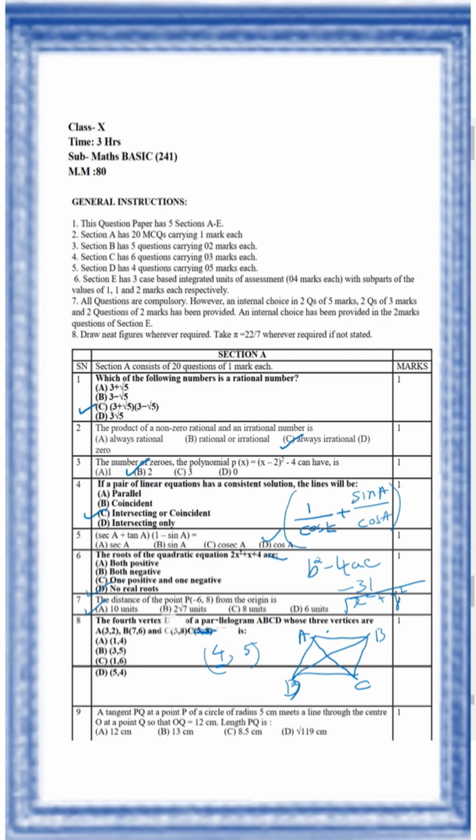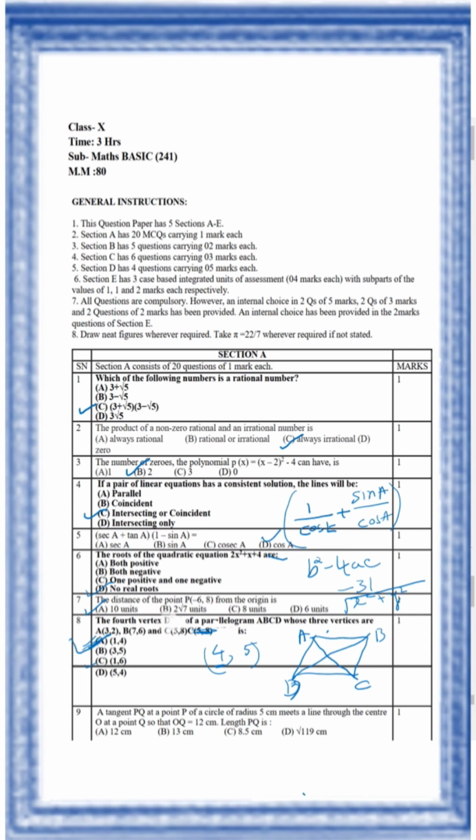X is equal to 1. Either option A is correct or option C is correct. Now y vertex, 5 is equal to 6 plus y by 2. 2 into 5 is 10. 10 is equal to 6 plus y. Y is equal to 4. So option A is correct.